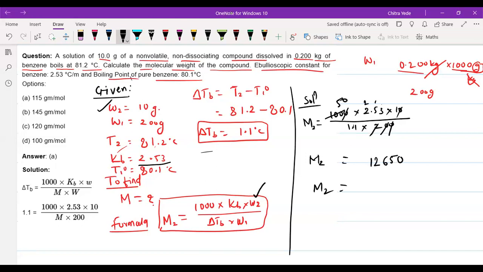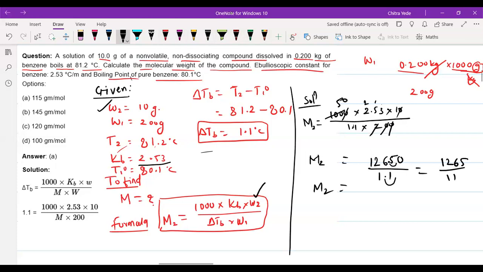And now the point, we have to shift here. Divided by 1.1, so we can write that in simple form: 1265 divided by 11, right?